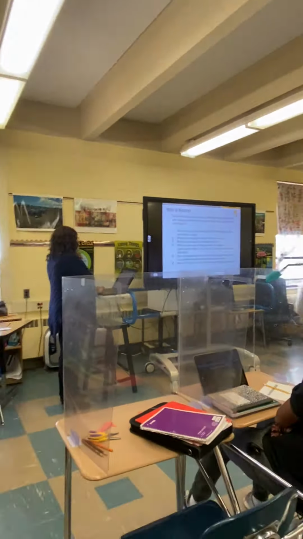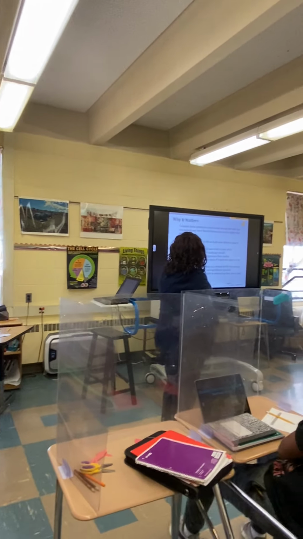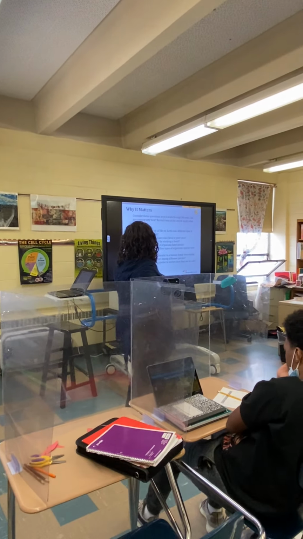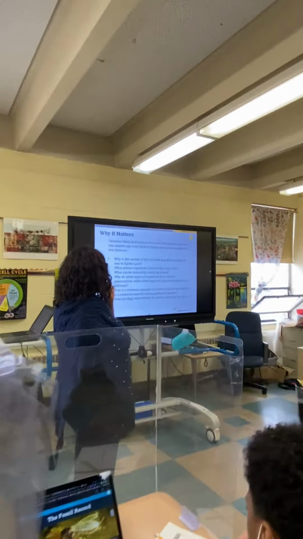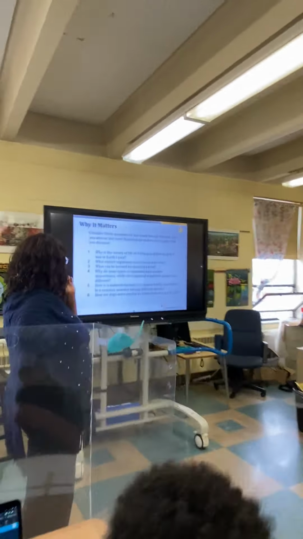I'm going to read the first two, and if you are on your computer, you should be able to see if you are logged in. Consider these questions as you work through the unit. You visit them at the end to apply what you discovered. Why is the variety of life on Earth now different than it was in Earth's past?